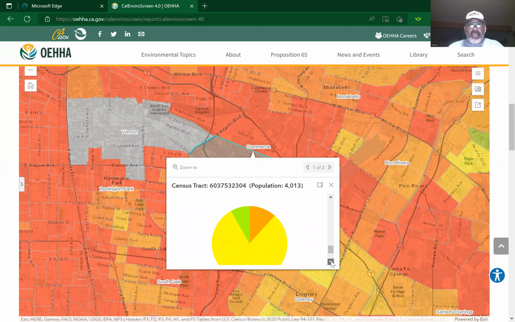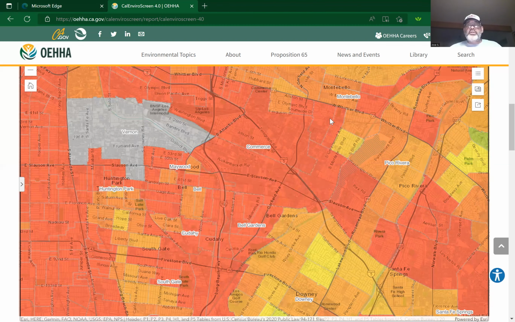You get a bar chart that can tell you what the ethnicities are, their ages. And you can enter your address into the little search bar, and when you do, you can see if you live in one of these areas that is in the red zone, which means it's overburdened.